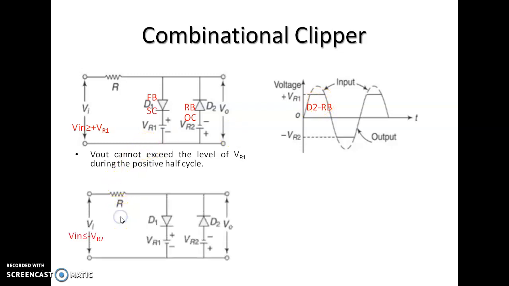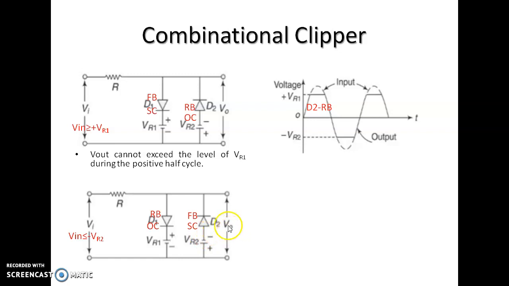So now let us assume the level VR2. When Vin is lesser than VR1, the diode D1 is reverse biased, so it is equivalent to an open circuit. So now we can neglect this arm, and the diode D2 will be forward biased and it is equivalent to a short circuit. So now this is short circuited and only VR2 will be present in this arm.